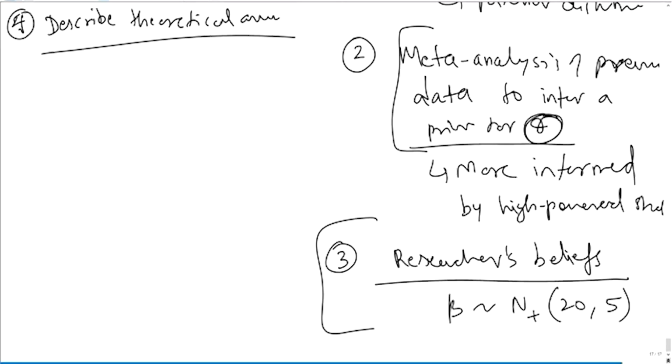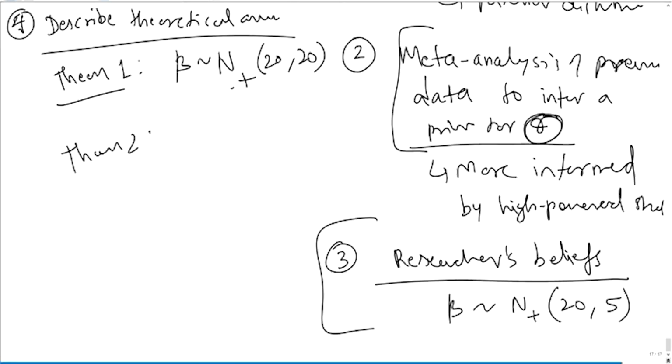Okay, so let's say theory one says that beta has to be positive. In that case, you can specify a positive prior on beta. So let's say beta has to have a positive value, anywhere between 0 and let's say 50. Okay, and likely values are around 10 or maybe 20. So that you can decide.